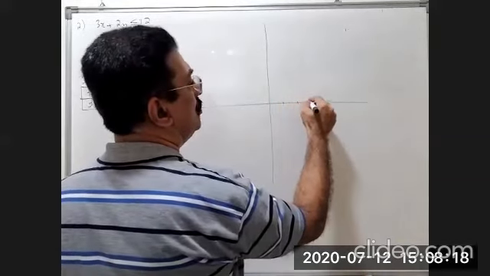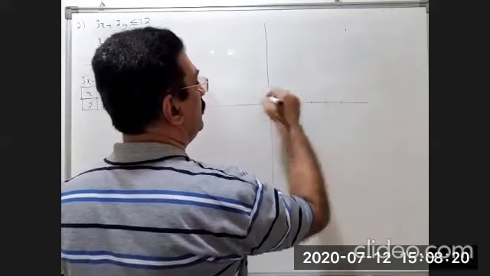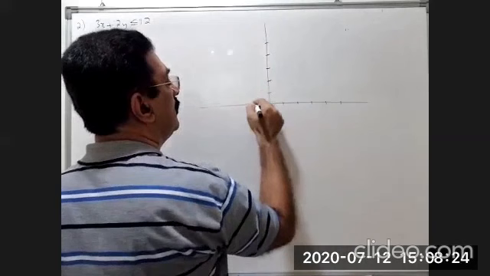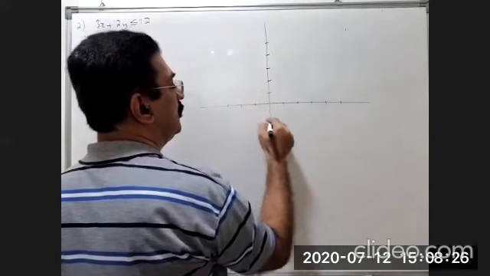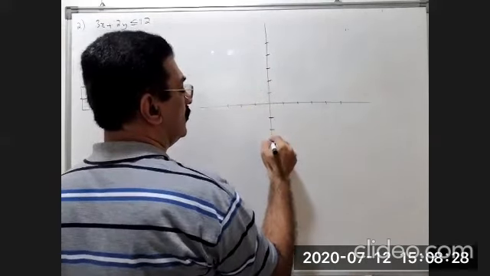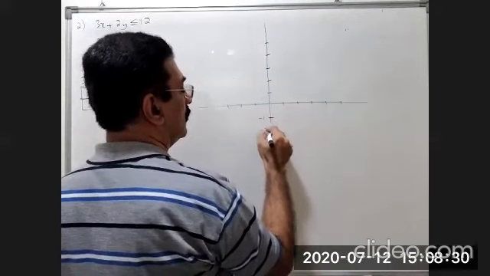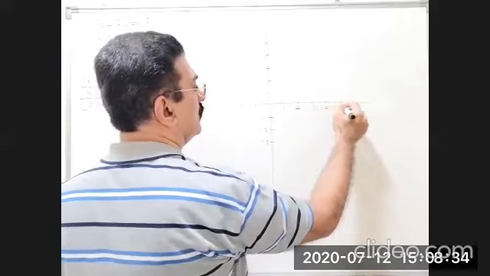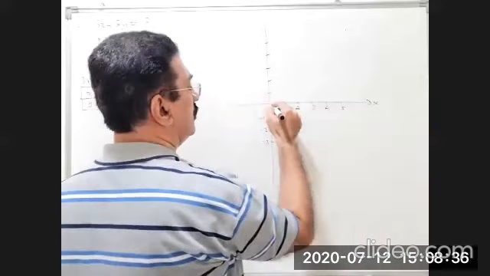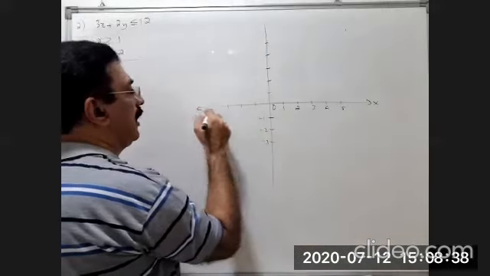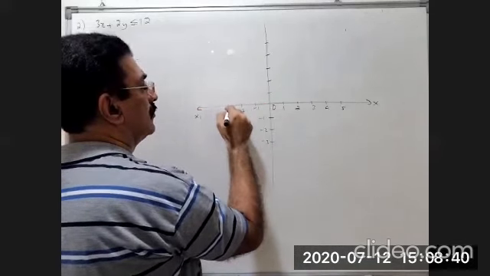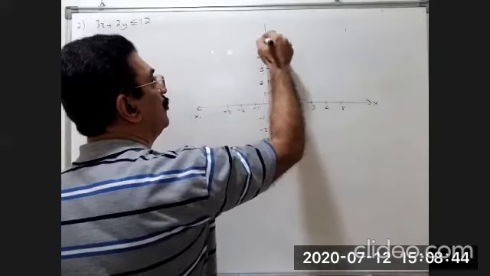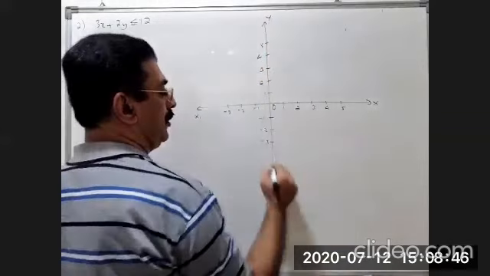On the axes: 1, 2, 3, 4, 5 and 1, 2, 3, 4, 5, and minus 1, minus 2, minus 3. Draw it.